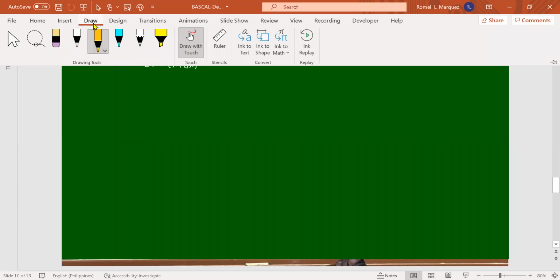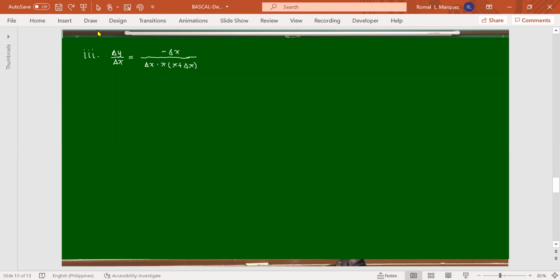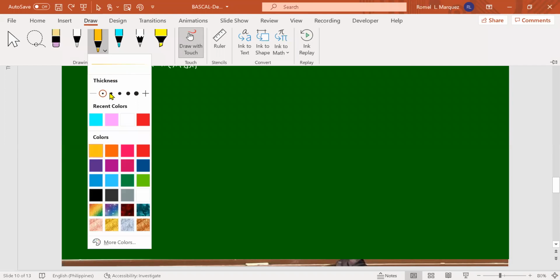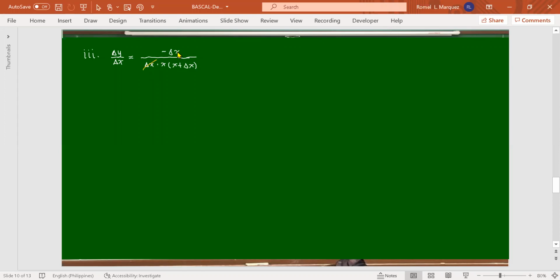Delta y over delta x is equal to negative delta x over delta x times x times x plus delta x. Ang numerator may negative delta x, I divide by delta x, so this is cancelled. Okay, guys? Oh, what is left?